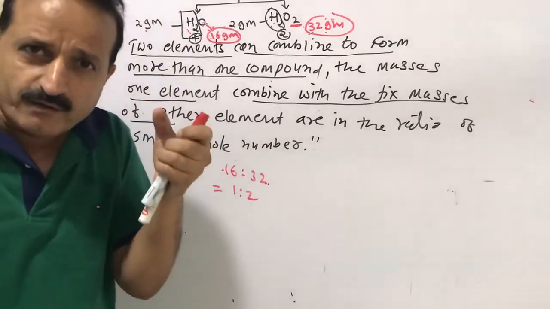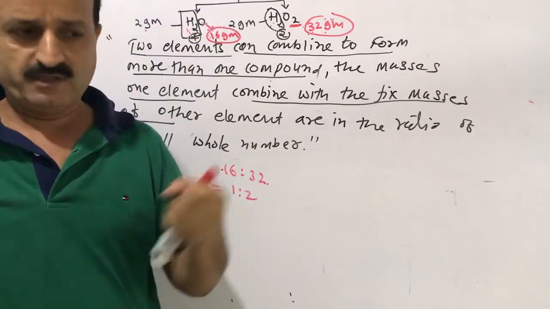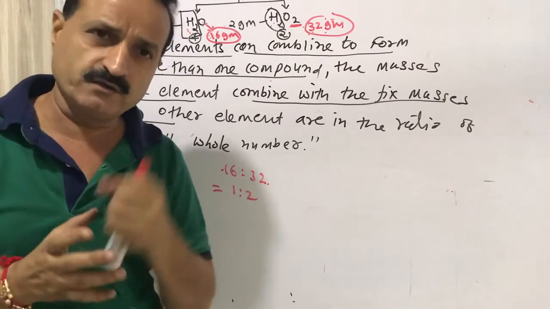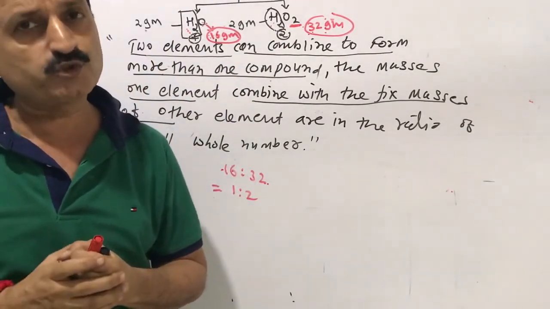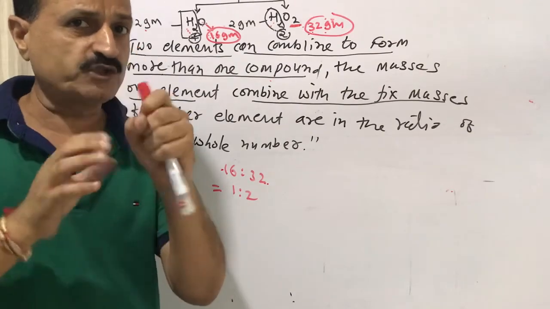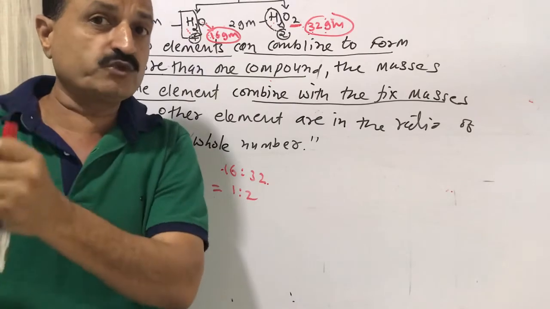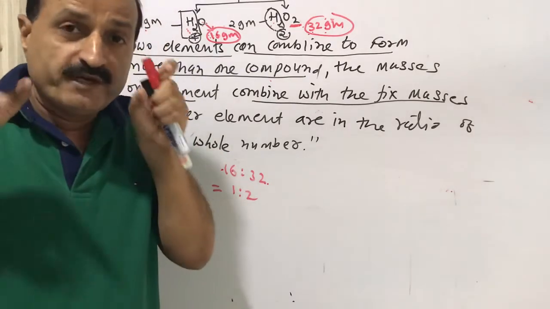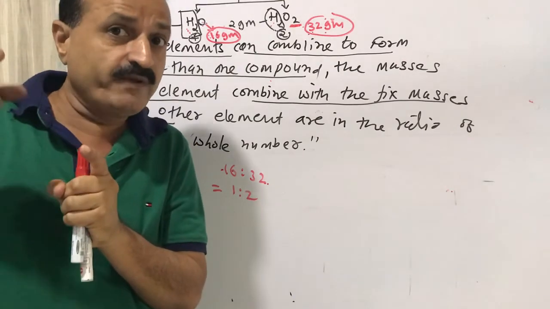So two elements, one hydrogen and another oxygen, chemically combine with each other. One compound formed is H2O, another compound formed is H2O2. In H2O the fixed mass of H2 is 2 gram, and in H2O2 also. It means one element has fixed mass and the other element has two different masses.